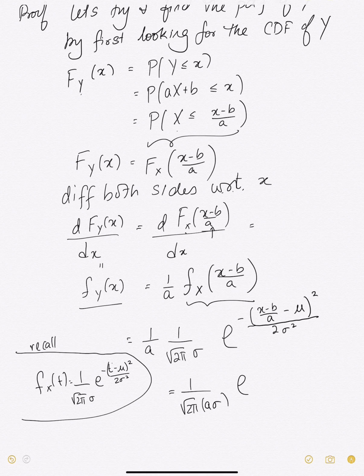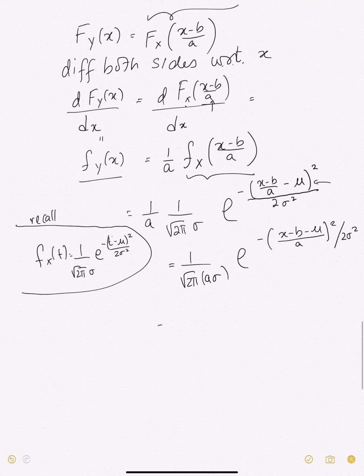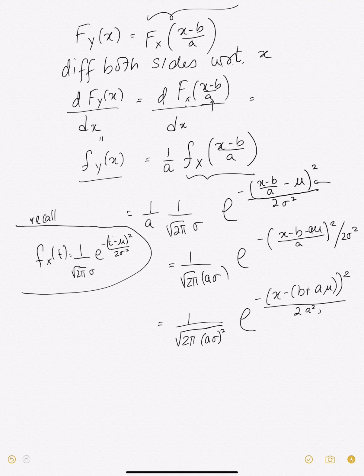Taking a common denominator, in the numerator up here you have (x minus b minus a mu) over a, whole squared, divided by 2 sigma squared, which is exactly 1 over square root 2 pi a sigma, e to the minus (x minus b minus a mu) whole squared over 2 a squared sigma squared.